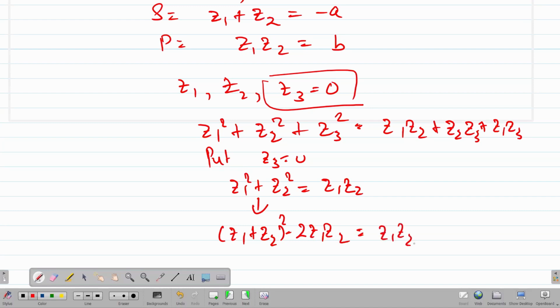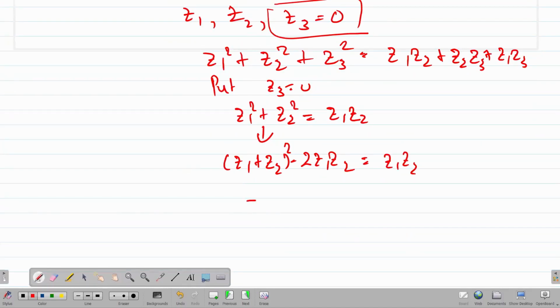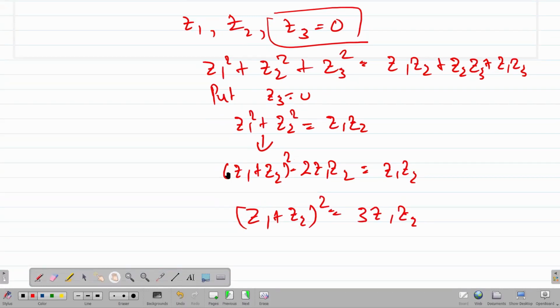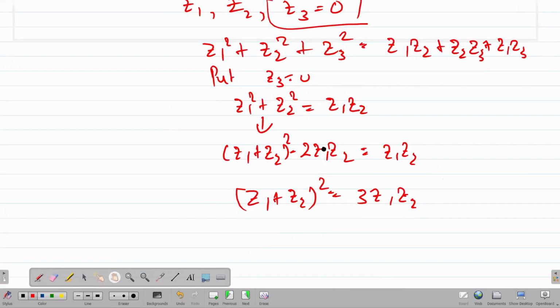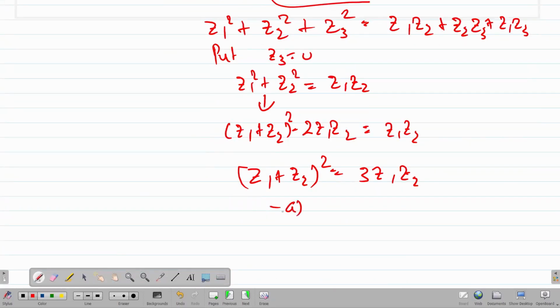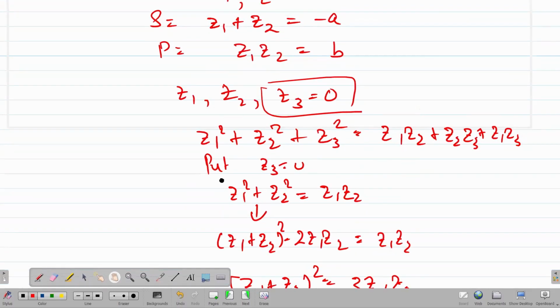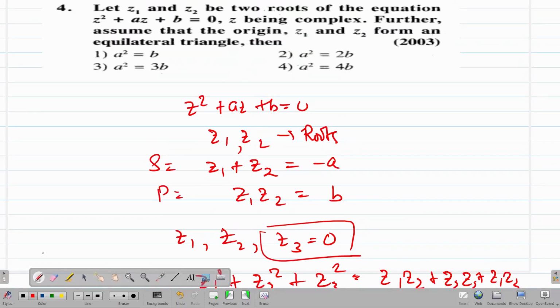On further solving, I get (z1 + z2) whole square is equal to 3z1z2. Using the sum of the roots and product of the roots, I replace this by (-a) whole square and this by b. So my answer is a square is equal to 3b. So the correct option is option C. Here is another application.